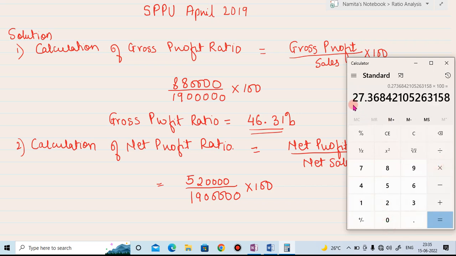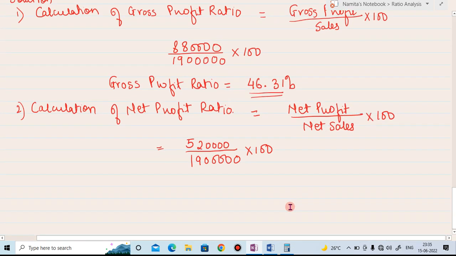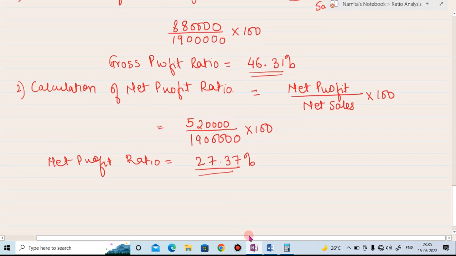The answer we get is 27.37, rounded off. So net profit ratio is equal to 27.37%.